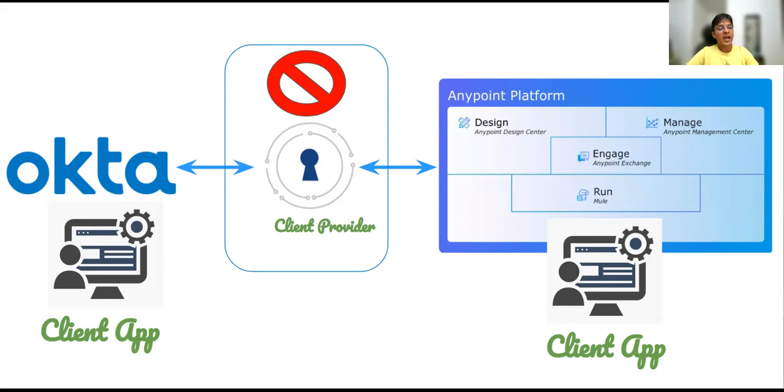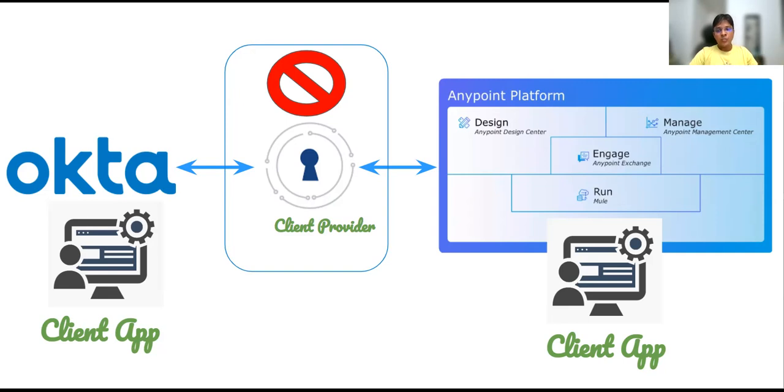In some cases, you won't have client provider integration with your Anypoint platform. How do you sync the external provider client application with the Anypoint platform? Until the integration is done, we would need to keep these two systems in sync manually.